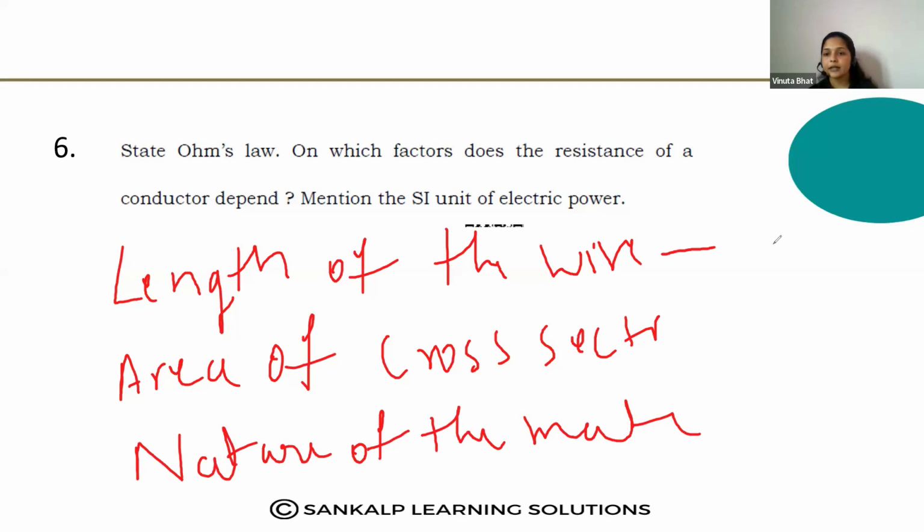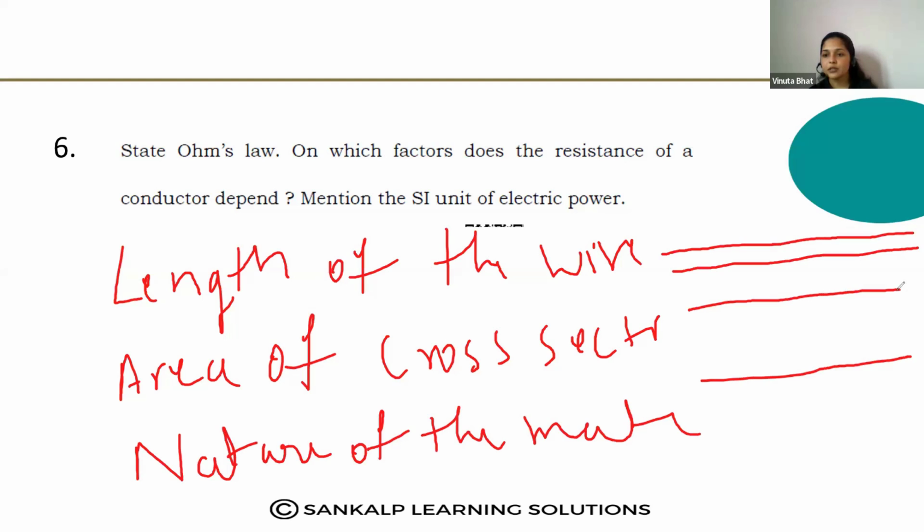If the length of the wire increases, the resistance also increases. If the area of cross section increases, the resistance decreases, and it also depends on the nature of the material. Mention the SI unit of electric power. The SI unit of electric power is watt.